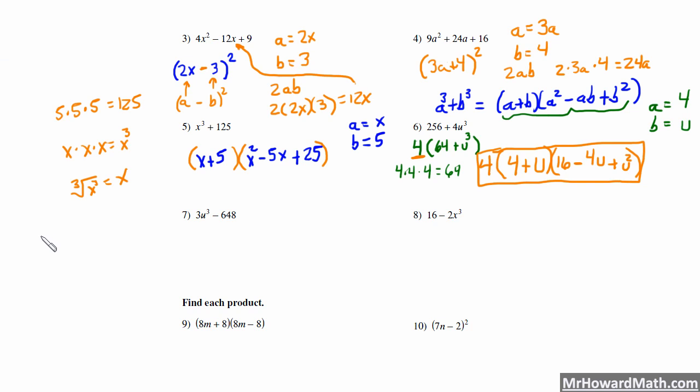The difference of two cubes, remember that is going to be a minus b, because remember this first sign shares this sign, and then it's always a squared, and these signs alternate, so it's a minus here, so the next one has to be plus, and then it's ab, and then this sign is always positive, so it's going to be plus b squared.